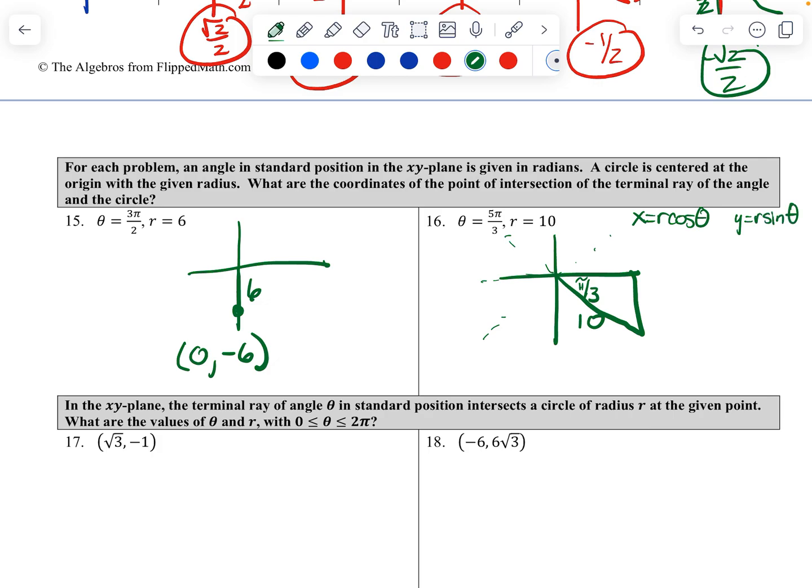So opposite pi over 3, that would be negative root 3 over 2, and this would be half. So x equals 10 times half, so that's 5. Y equals 10 times negative root 3 over 2, so that's negative 5 root 3. So we have the coordinate 5, negative 5 root 3.